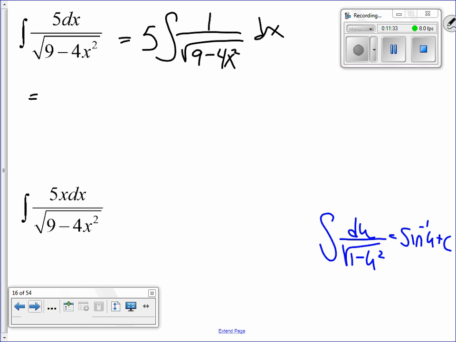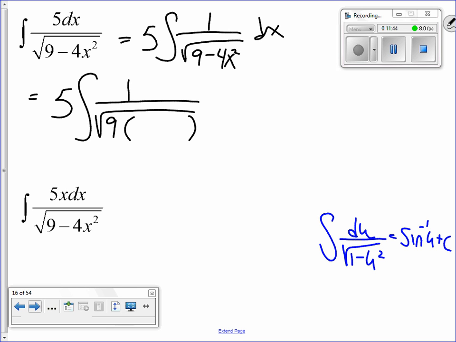So let me just factor underneath the radical. If you factor out a 9, we'll get rid of that square root of 9 later. What would be the other factor? 1 minus 4 over 9 x squared.